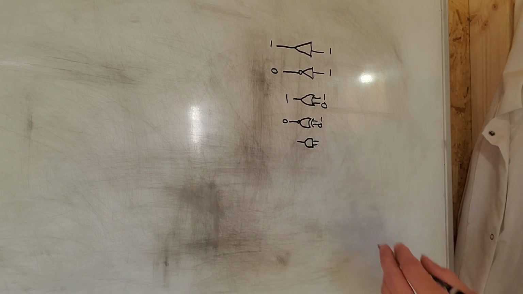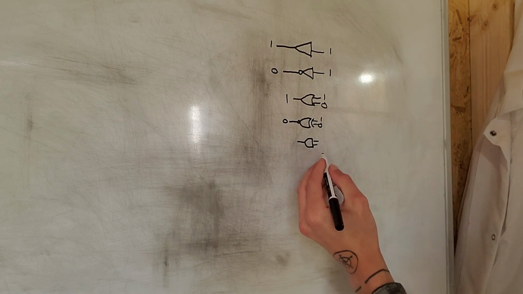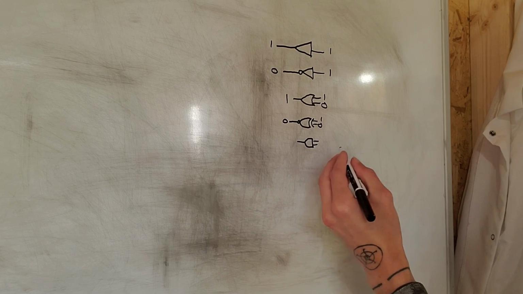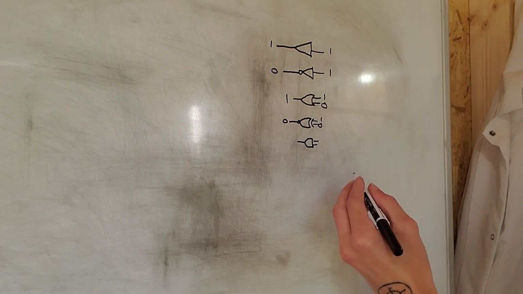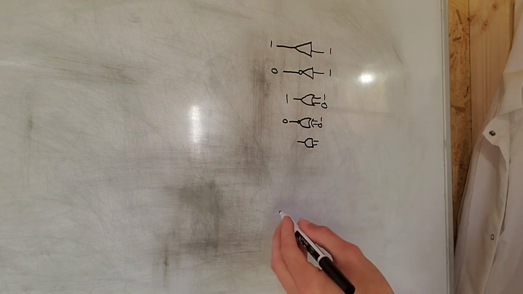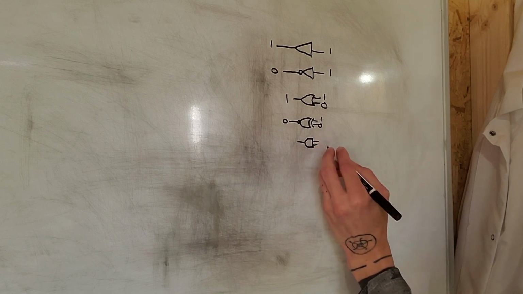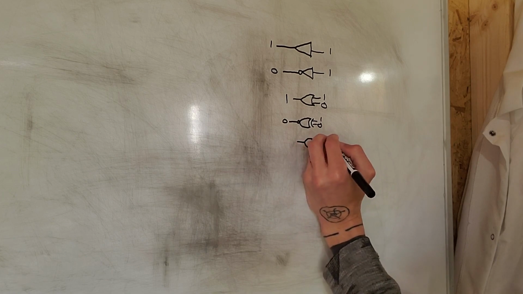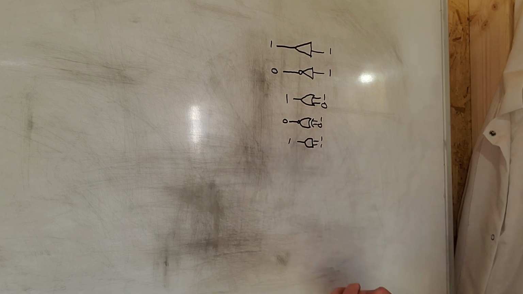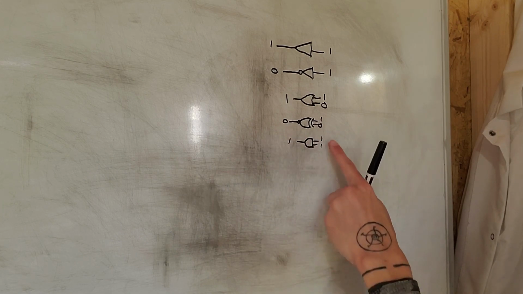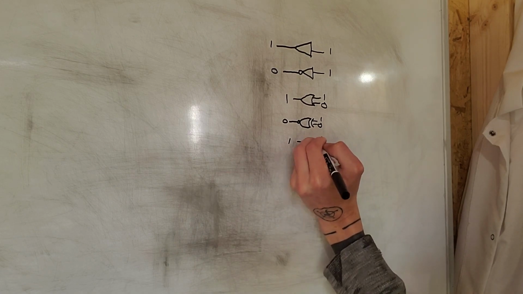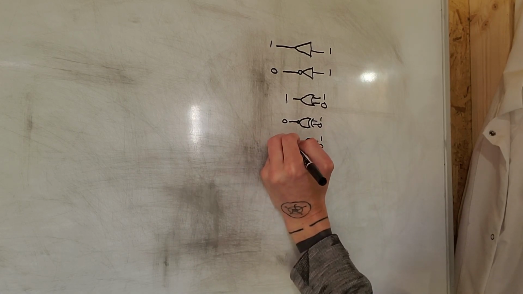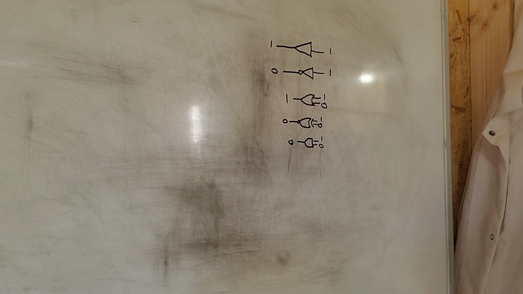So with an AND gate, you have to have both inputs as 1s for the output to be a 1. So if you had 0, 0, it would equal 0. If you had 1, 0, it would equal 0. If you had 1, 1, it equals 1. And like I said, if you have any zeros in there, it's going to result in an output of 0.